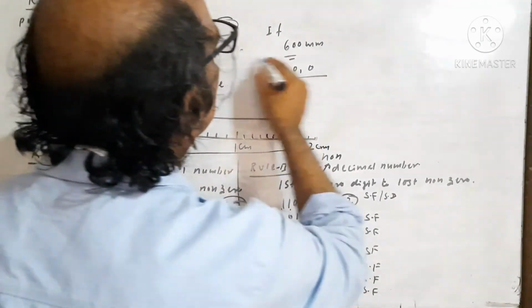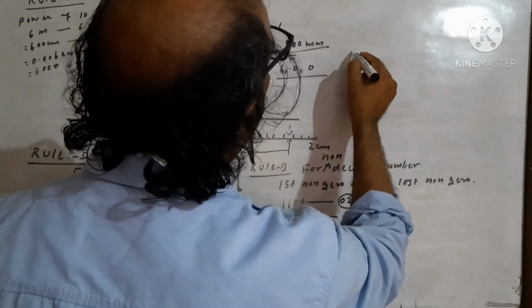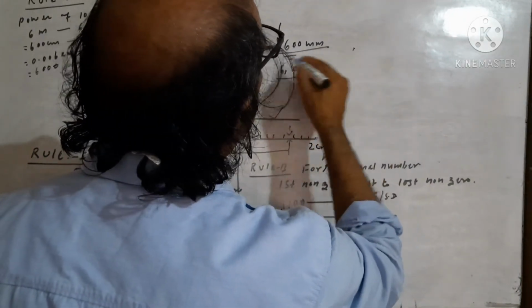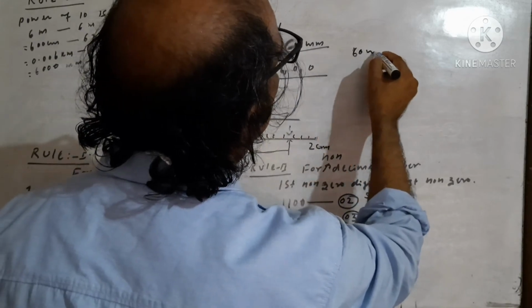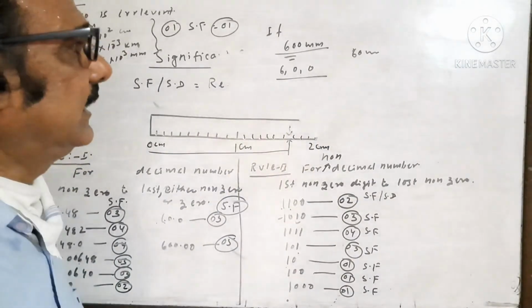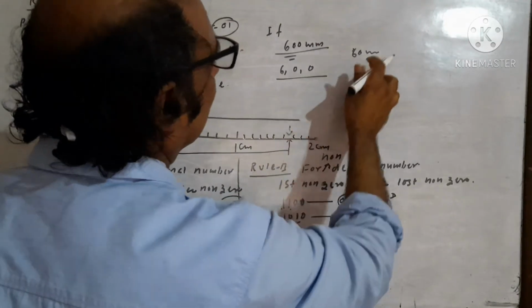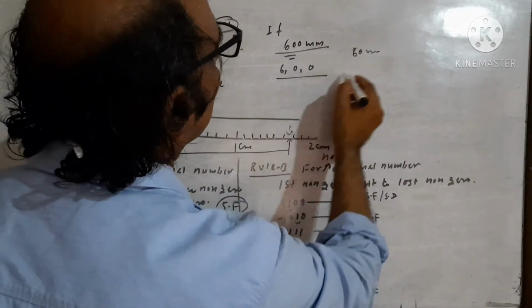If the same length is measured in centimeter, by the meter scale, by the mm scale, by the centimeter scale, naturally there will be 2 digits, 3 digits.